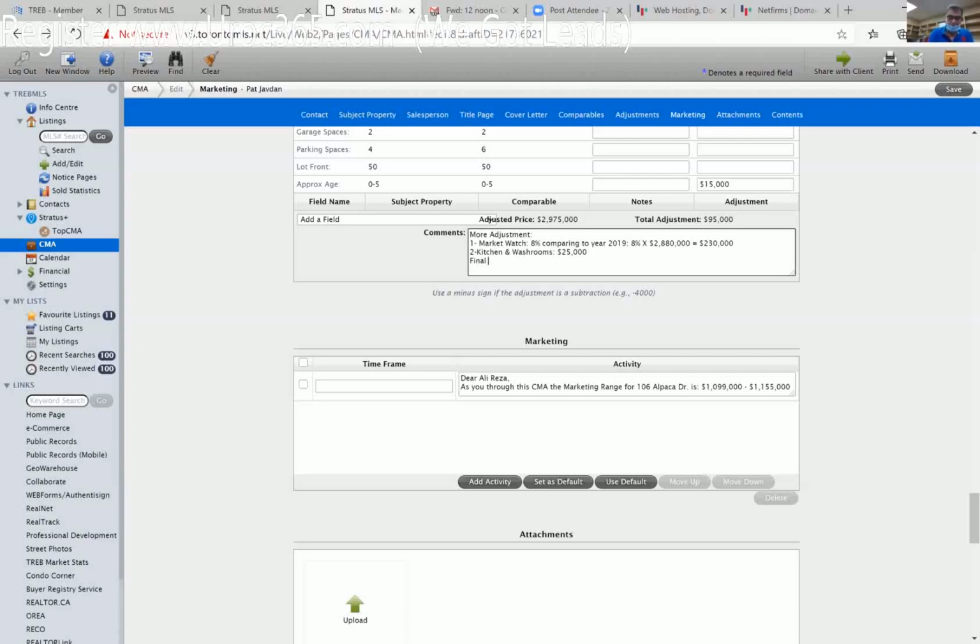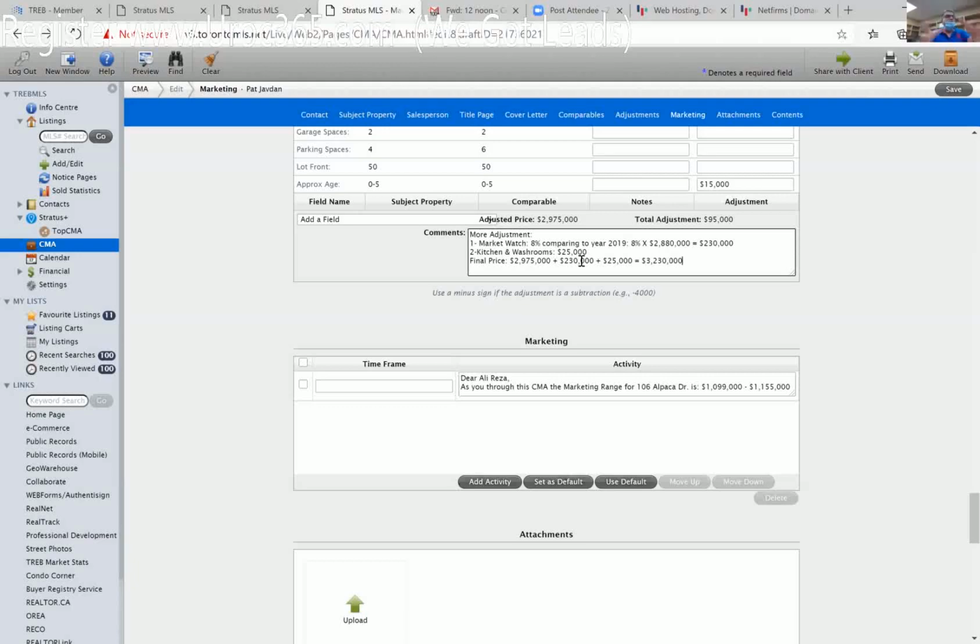Final price becomes 2,975,000. 2,975,000 plus 230,000 plus 25,000 equals 3,230,000.